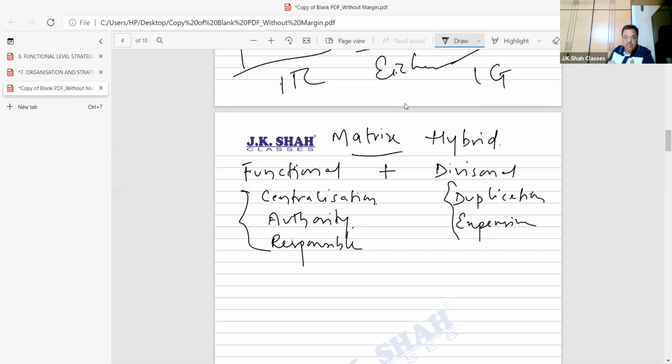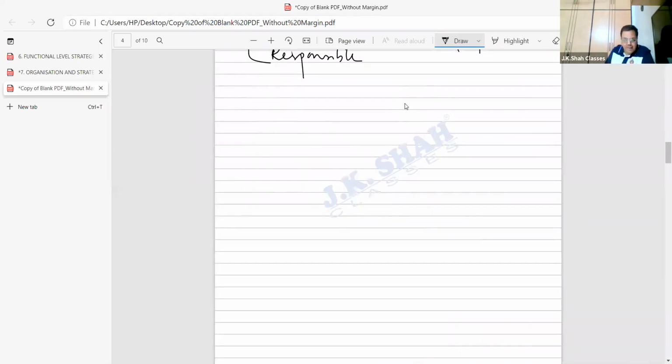Now, how the system works, how matrix is started, formed, pay attention. Beta, listen, it's very interesting. So, the example goes something like this. Example se beta aapko samajh mein aayega. There is a coaching class, let us say ACC in Mumbai.